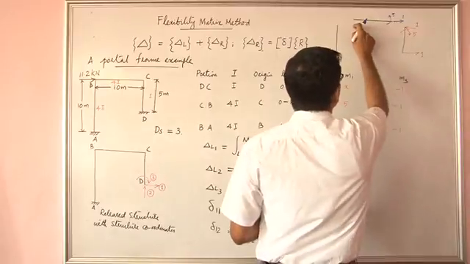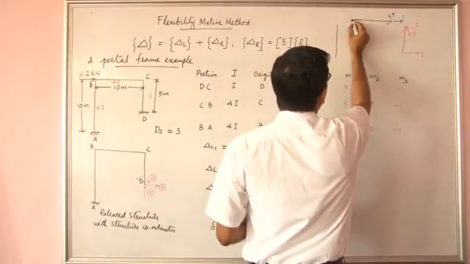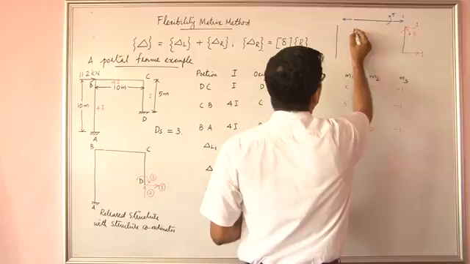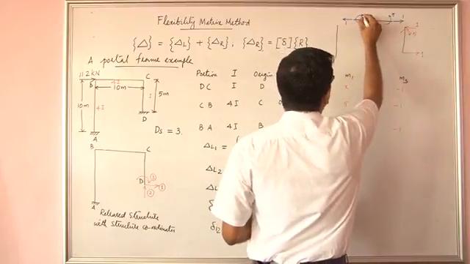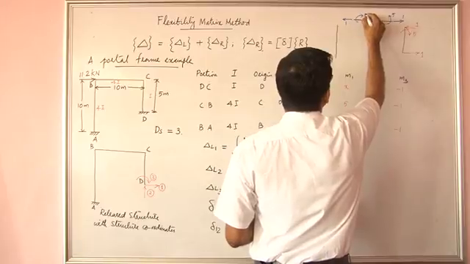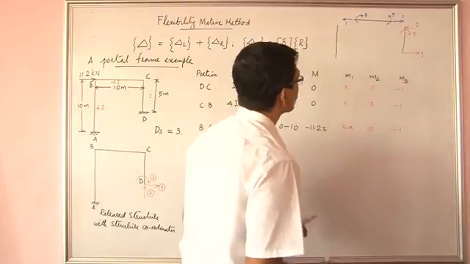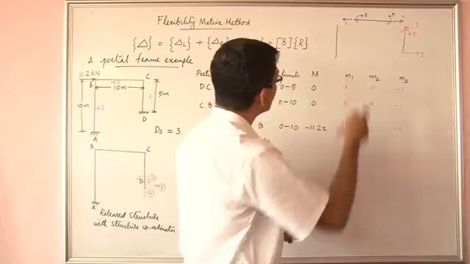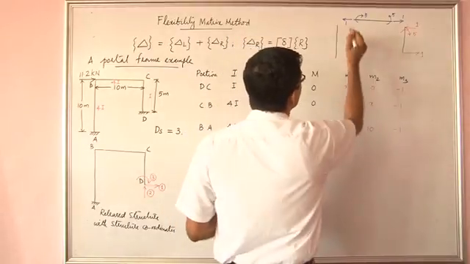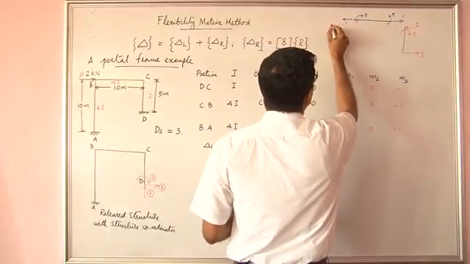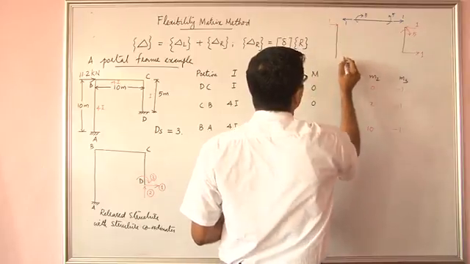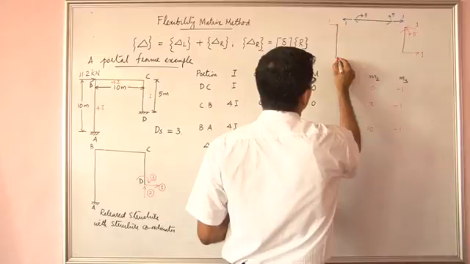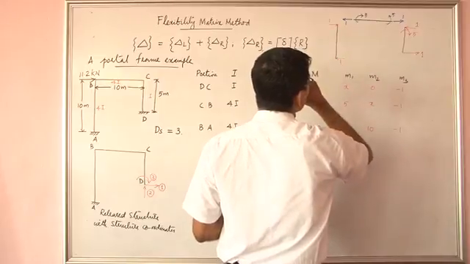Further, on this end, we are going to have a leftward 1 for equilibrium and a clockwise 5 for equilibrium of forces. When we transfer that to the other column, this force will be transferred as an opposite force equal to 1, and the reaction of that would be over here, which will be 1 again.